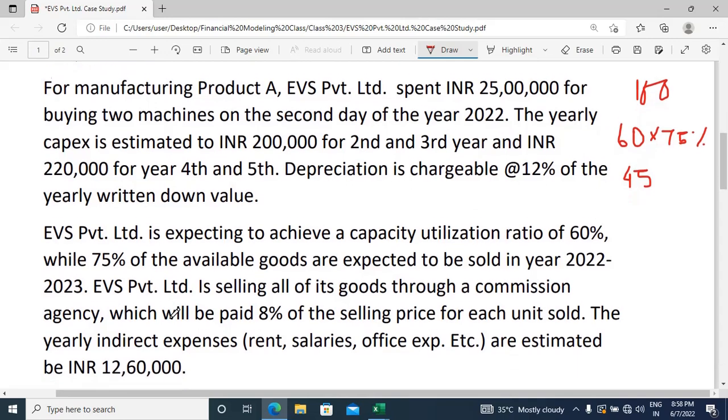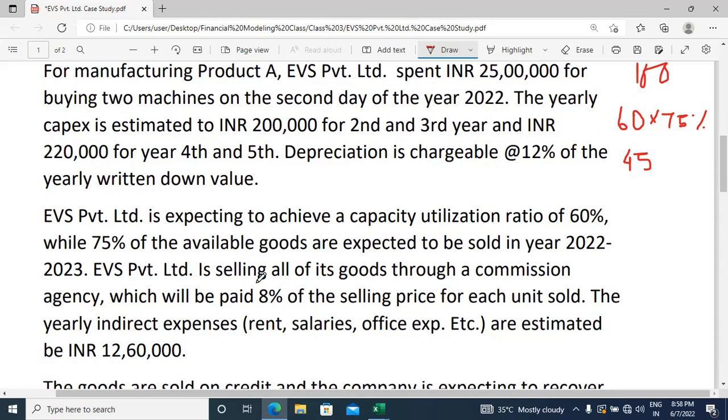Now EVS is selling all the goods through a commission agency. That is, they have hired one agency to whom they are paying a particular commission for selling their goods to the customers. And the commission rate is going to be 8% on the selling price. So let's say they are selling 45 units multiplied by 100.